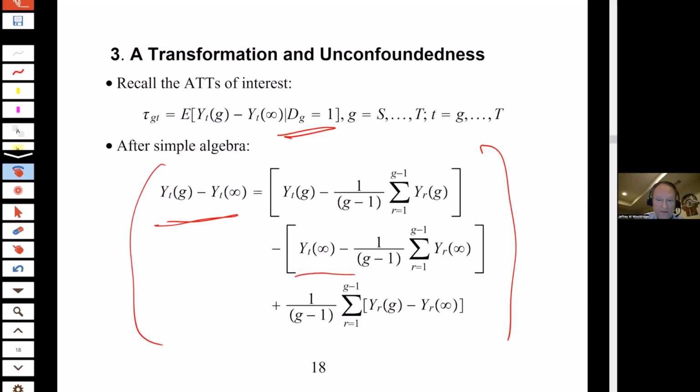Well, this term is going to go away by no anticipation, because all of these time periods are dated prior to the first period of treatment. And so in expectation, this is going to be equal to 0. Sometimes a stronger form of the assumption just sets this equal to 0. Then we have these other two terms to deal with.